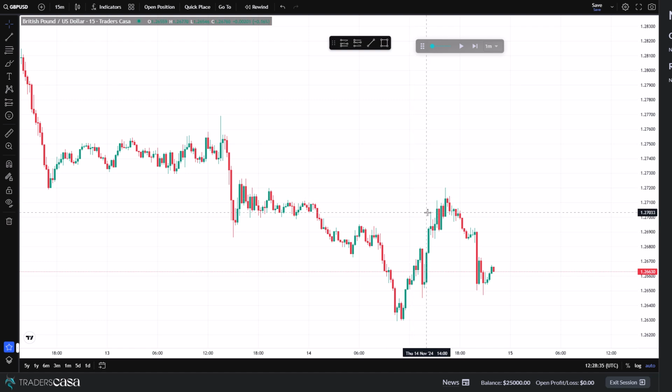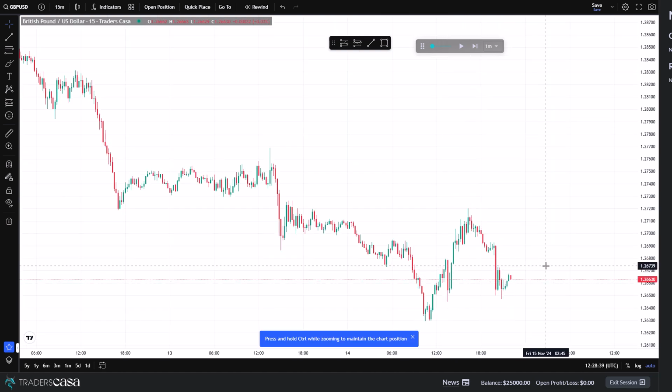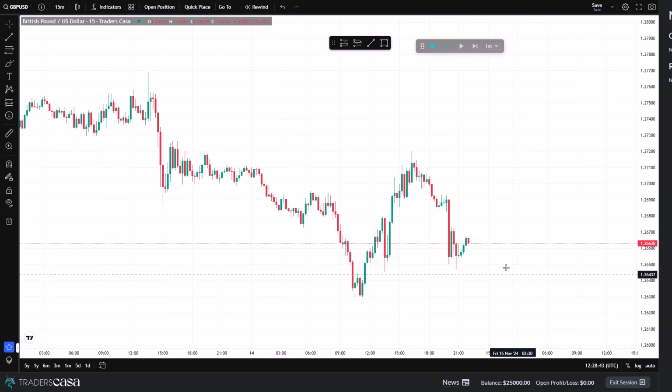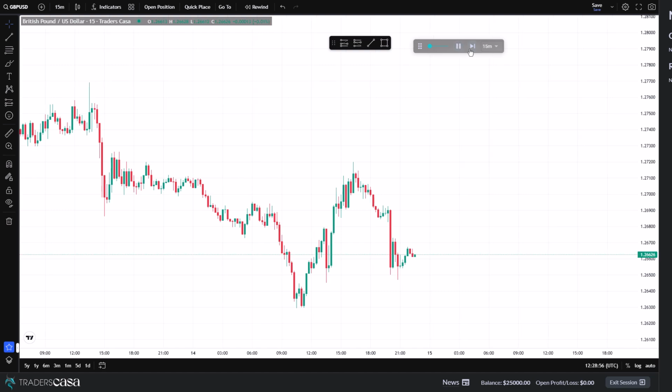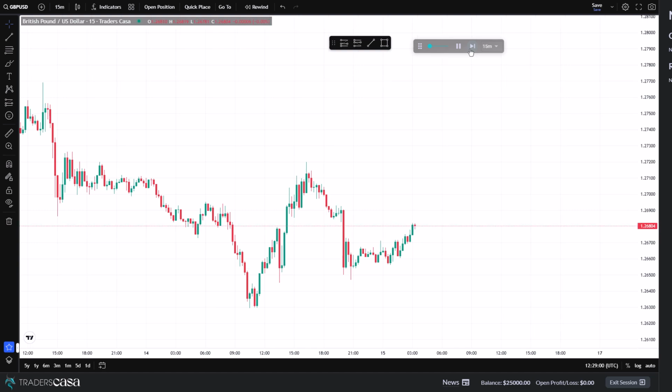Alright, so I'm going to switch to my intraday time frame, which is the 15 minutes chart, and basically this is Thursday's ending, and we are looking to trade into Friday. So let's see how price plays out. Okay, it's not that difficult.